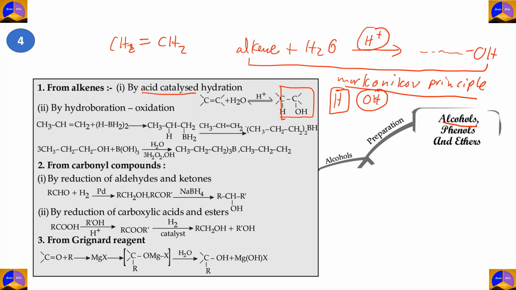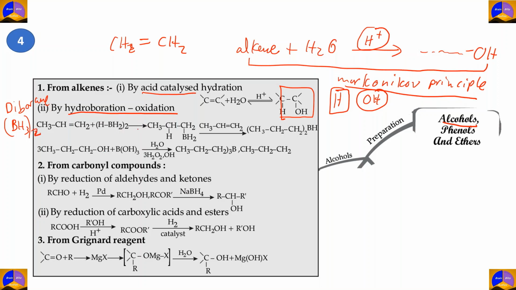So the second type of production of alcohols from alkenes is by hydroboration oxidation. Now, in this step, they use a substance known as diborane, which is BH3 twice.